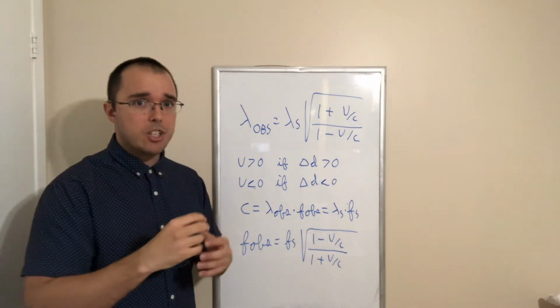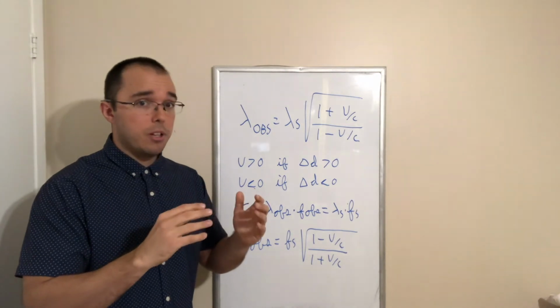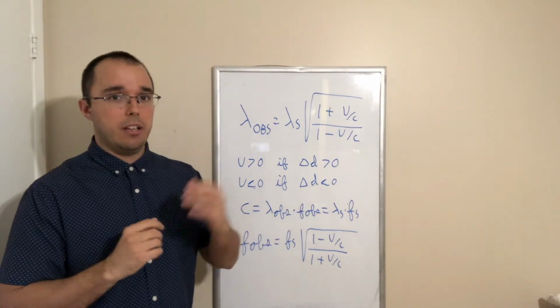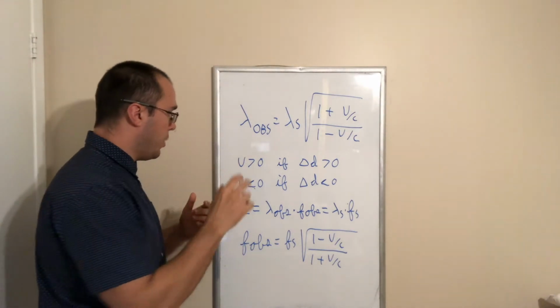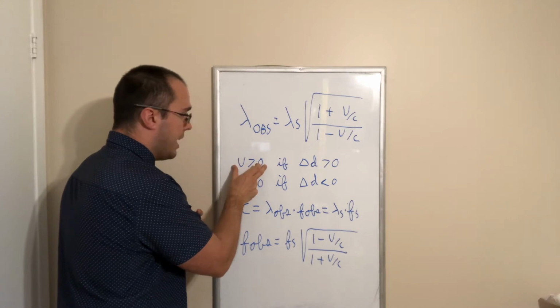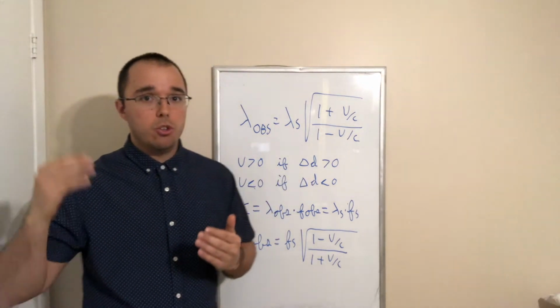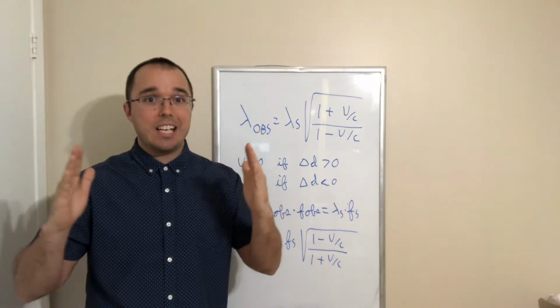Now, one catch that is not obvious at first is how do we determine the sign of the velocity? The velocity is considered to be positive if the distance between the source and where the light is observed is increasing.